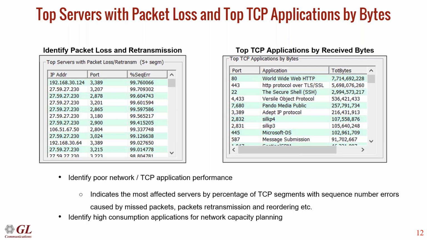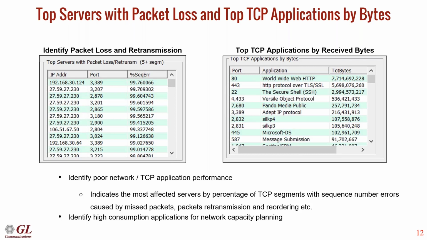If we have any packet loss during the transmission, or if there is any retransmission because of unavailability of an acknowledgement message, then we can say this is the particular IP address and port number that is causing a high percentage of sequence number errors, that means packet loss. It is causing the packet loss, so that we can identify the particular network in order to rectify it.